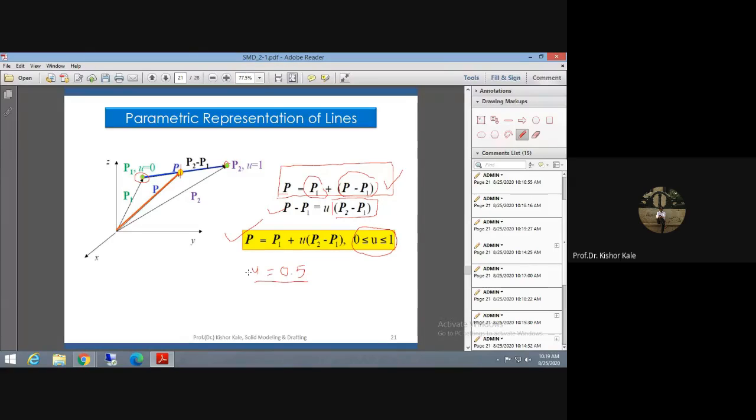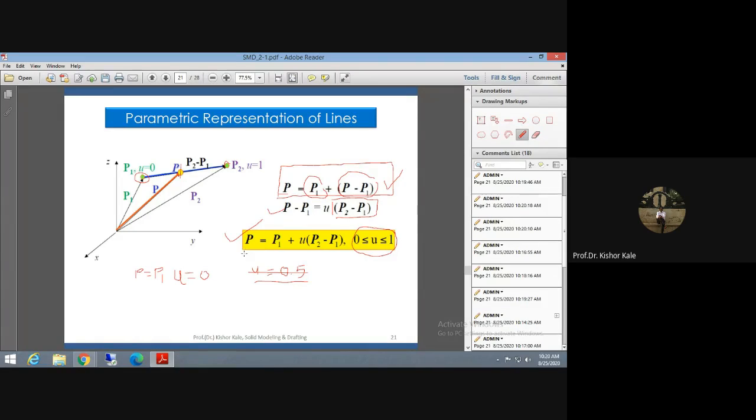Now we'll check. Yesterday also we checked. Now here also we will check whether this satisfies the equation or not. Consider the case that point P is at P1 only. Consider P equals P1. When P equals P1, what will U be? U would be 0.